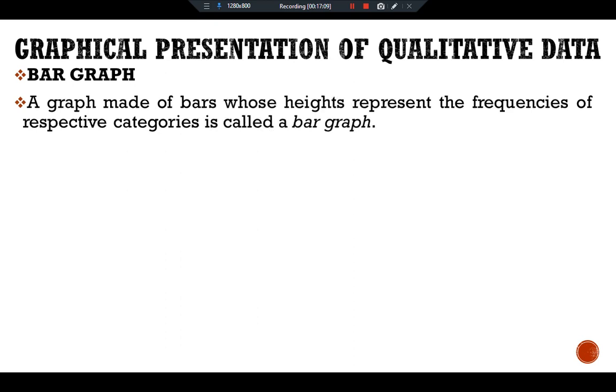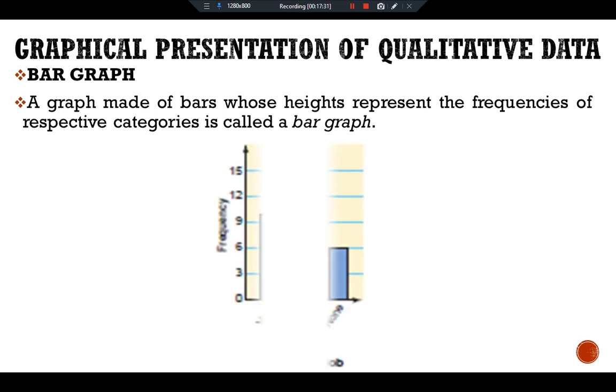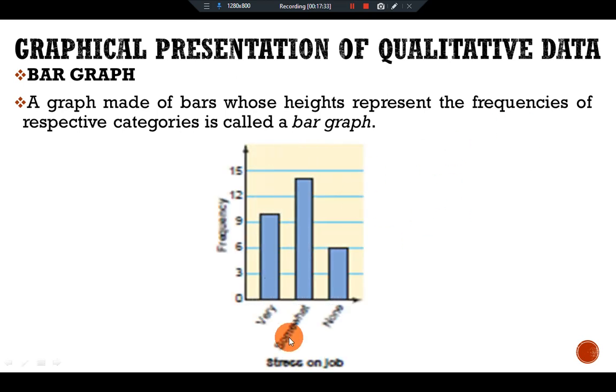Dear scholars, a graph made of bars whose heights represent the frequencies of the respective categories is called a bar graph. To construct a bar graph, we mark the various categories on the horizontal axis. Here we have the graphical presentation. We have various categories or types of variables on the horizontal axis and frequencies of those categories on the vertical axis.